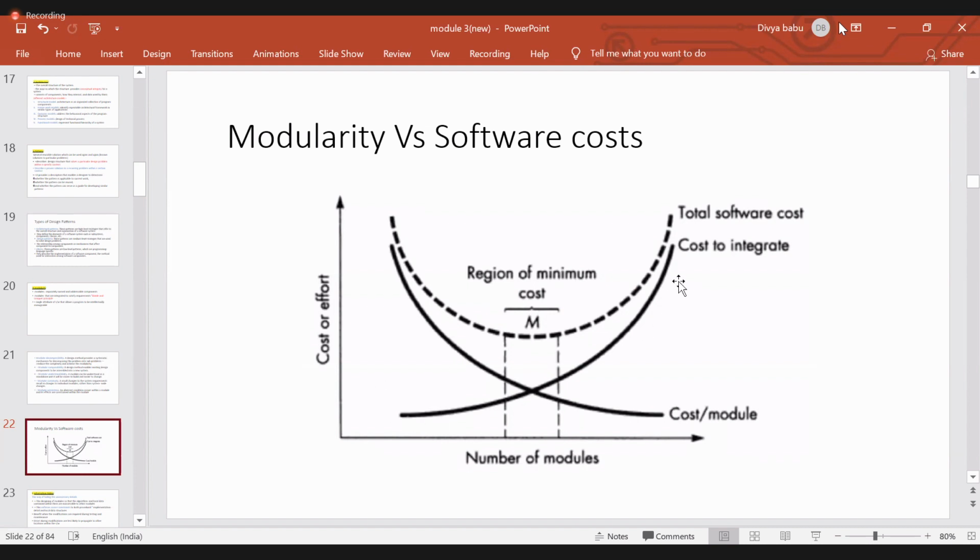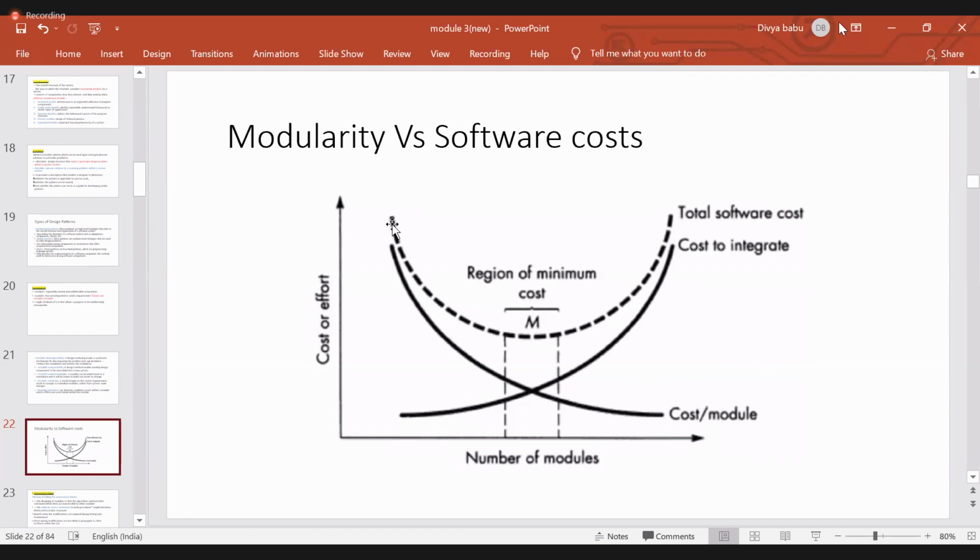But what about the cost to integration? Cost for integration is high because we have so many modules. So integration cost is high. So both when the number of modules are less and when the number of modules are high, both are not good. One or another cost will be increased.